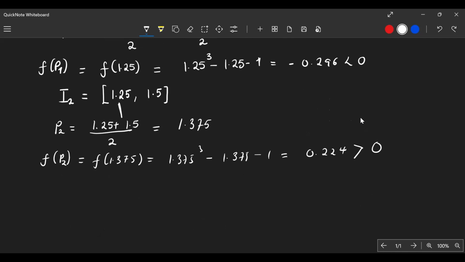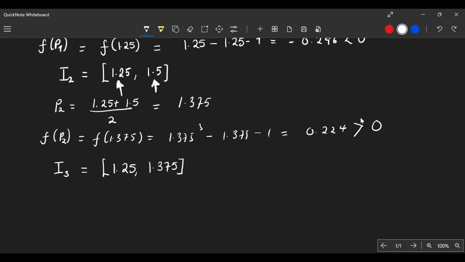This 1.25 was giving me a negative, so I'll maintain it. But 1.5, remember that was giving us a positive, right? So this one will now be updated, replaced by the new value, which is 1.375. So my new interval, which is I3, will be equal to 1.25, comma, 1.375. So this will be my new interval.